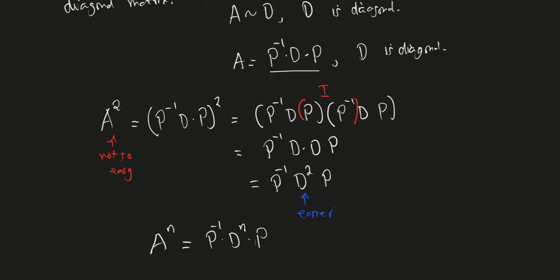I'm not talking about using technology, because underlying a lot of the technology that we take for granted are properties like this, that you can use to build more efficient ways to do things like invert a matrix, or in this case, raise a matrix to a certain power. You can replace this more difficult matrix computation with this one, which is a lot easier, and then we do our basic P inverse times whatever this works out to be times P.